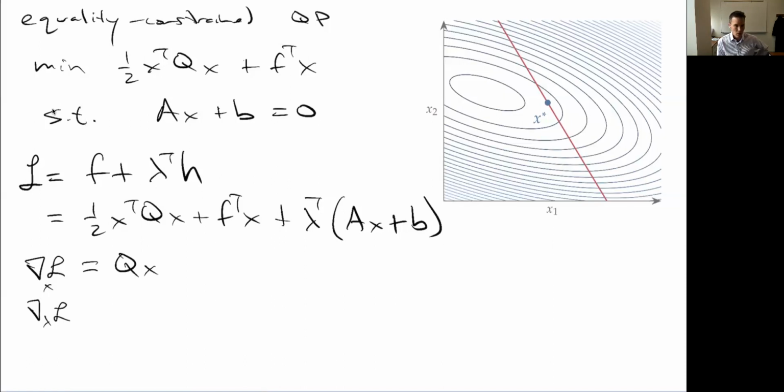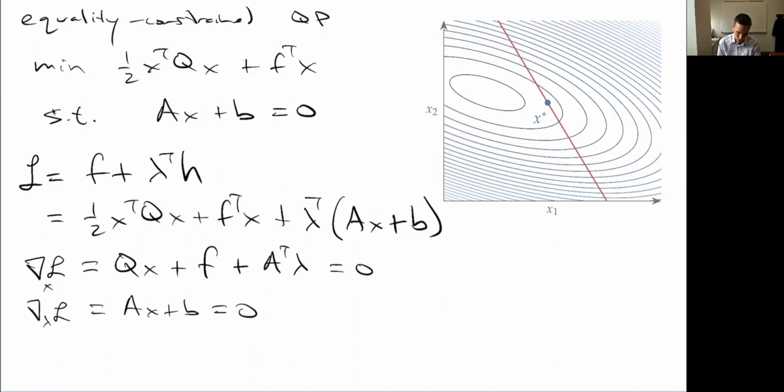It kind of cancels that quadratic term out, just as a convenience, plus F plus A transpose lambda. Okay, and I set that equal to 0. And then if I take the derivative with respect to lambda, just like before, we just get the constraints. AX plus B equals 0.